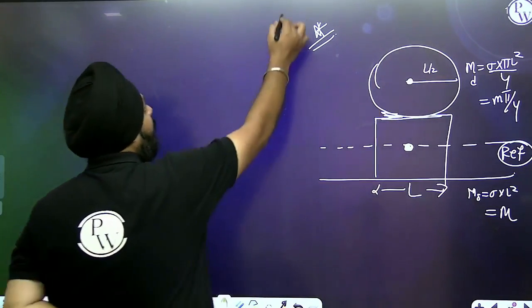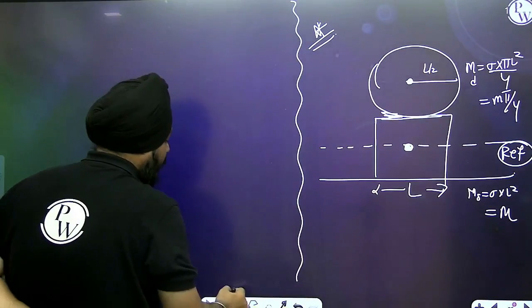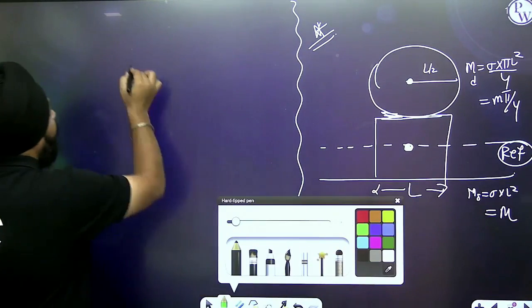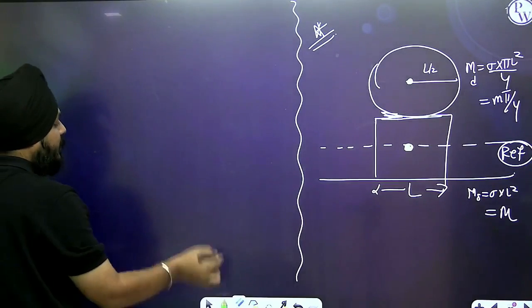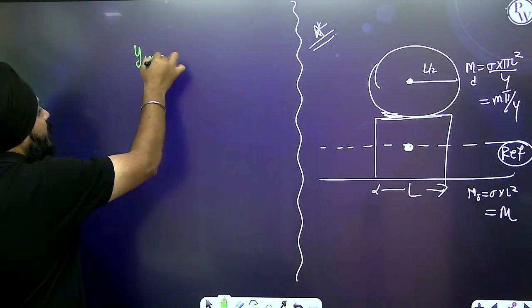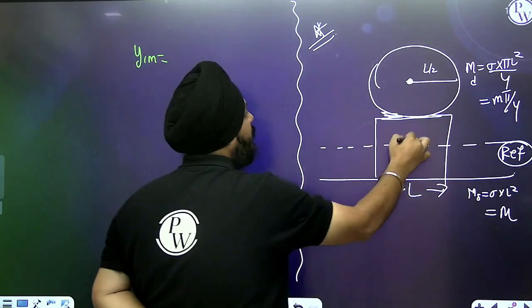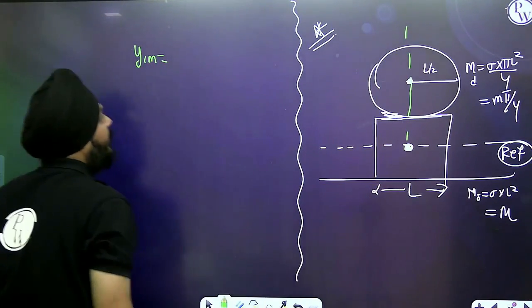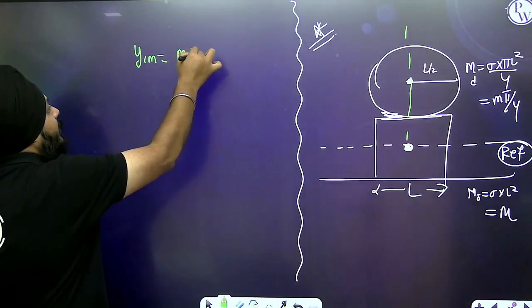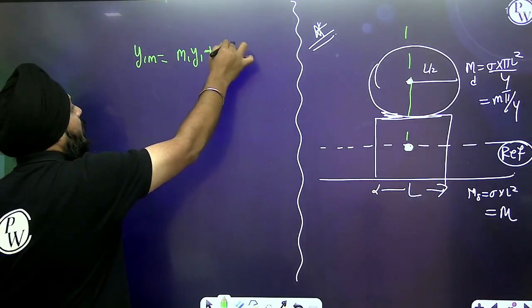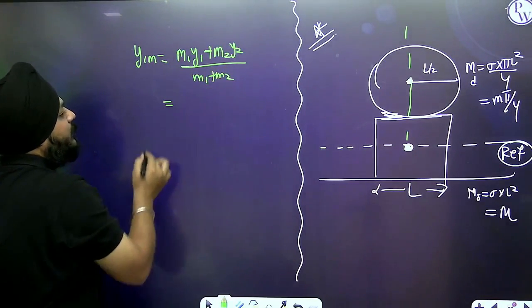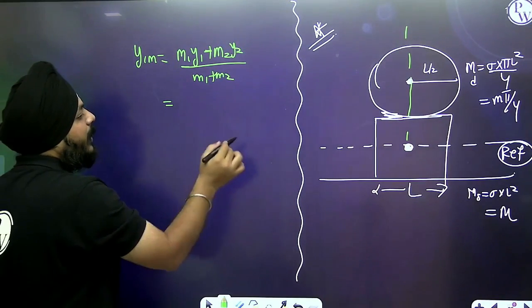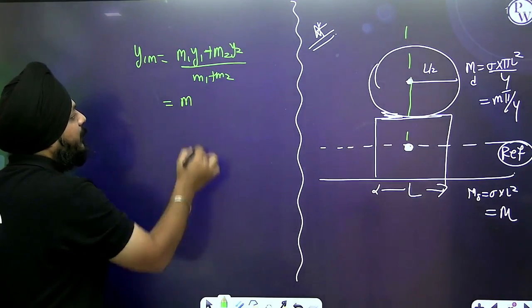Now we directly apply the formula with respect to the reference point. This time it is y center of mass, because it is on the y-axis. So it is m1 y1 plus m2 y2, whole divided by m1 plus m2. m1 is the mass of the first, that is m.